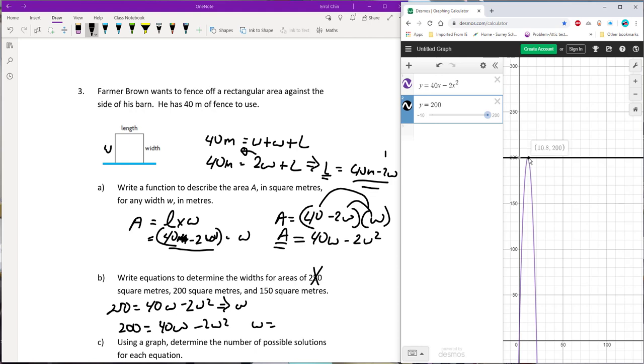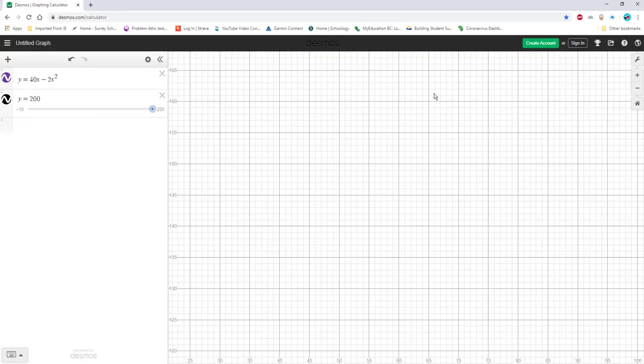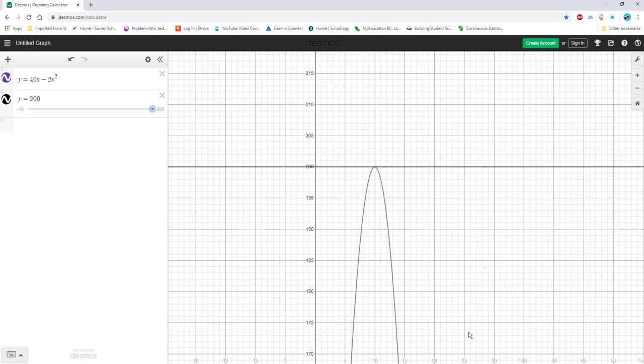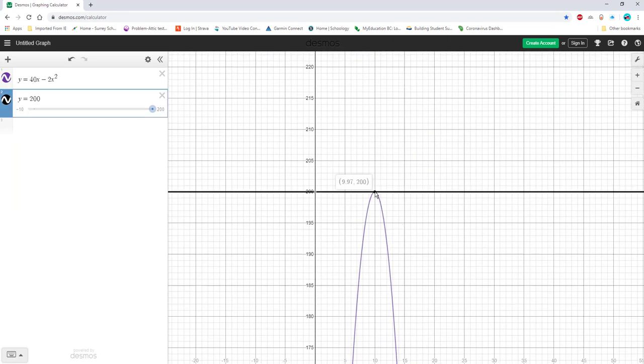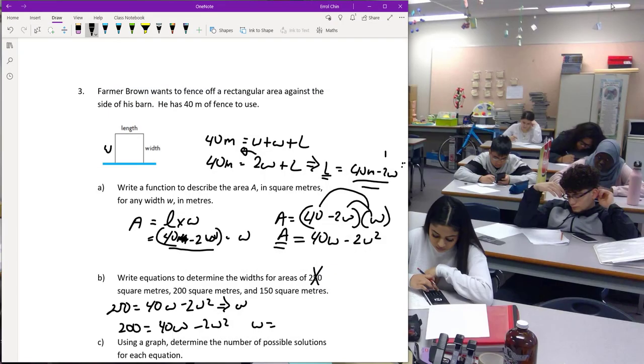W is the x value. W would have to be, let me just zoom in again. Oops. Let me just zoom in. And it looks like pretty much 10. Yeah, 10 and 200. Okay, so W would have to be 200. Sorry, W would have to be 10 meters.